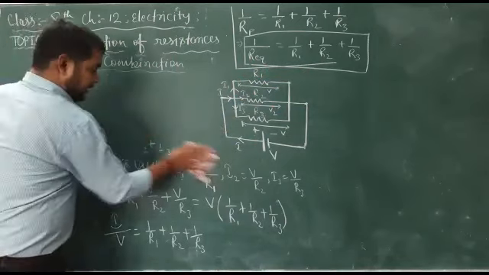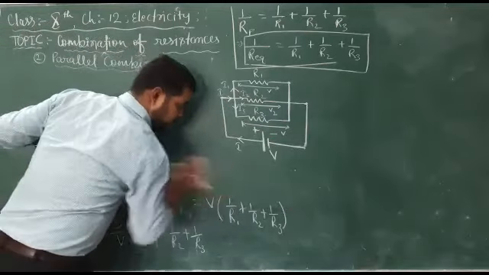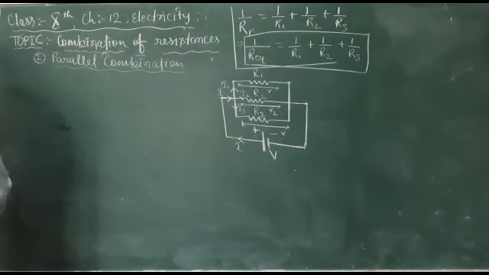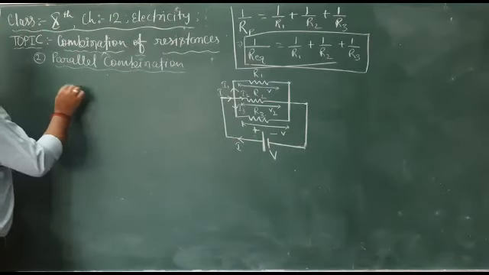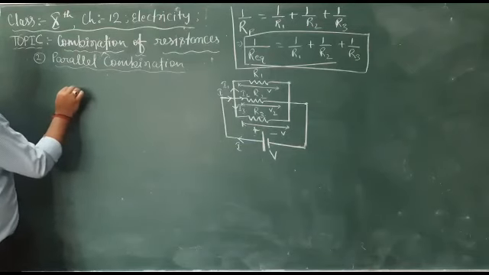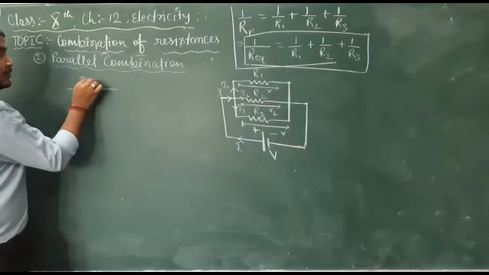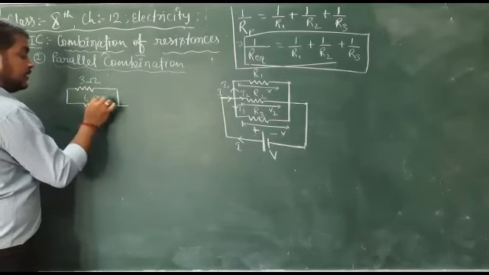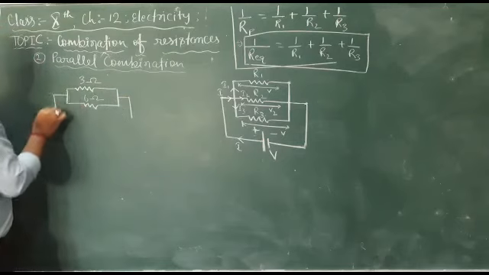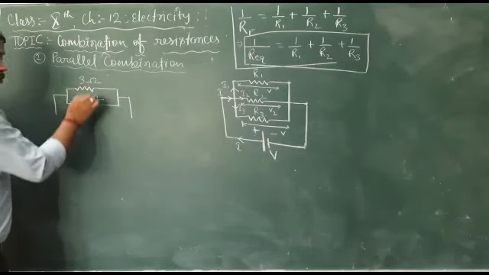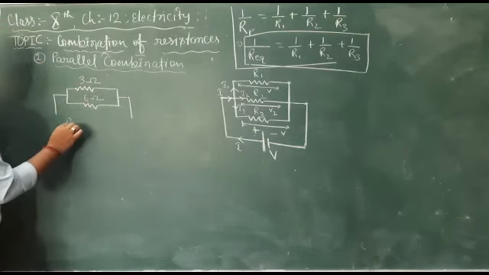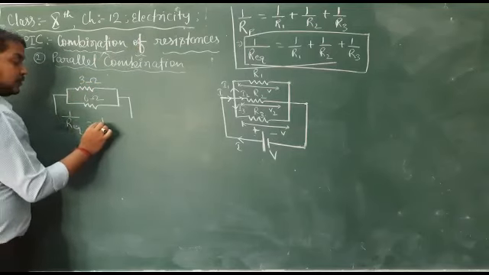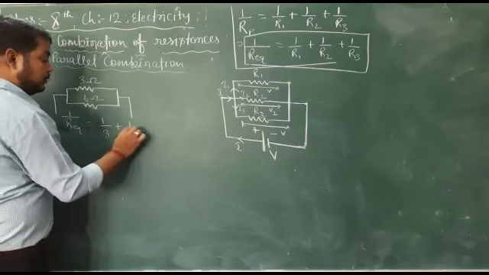Let's take an example of two resistors, 3 ohm and 6 ohm. These two are connected across some supply. If you want to get their equivalent resistance, according to the formula we have 1 upon R equivalent is equal to 1 upon R1 plus 1 upon R2.